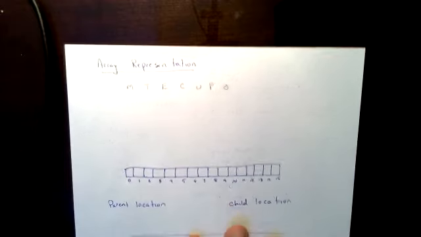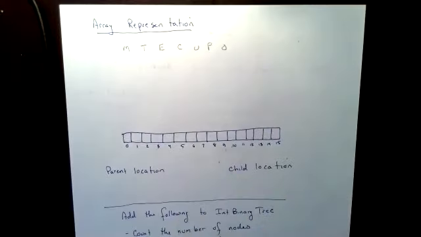But let's talk about if we could represent this as an array and work with it as an array. I have the letters M, T, E, C, U, P, and I need to keep this binary tree concept. Can I create a way to use arrays instead of linked lists?